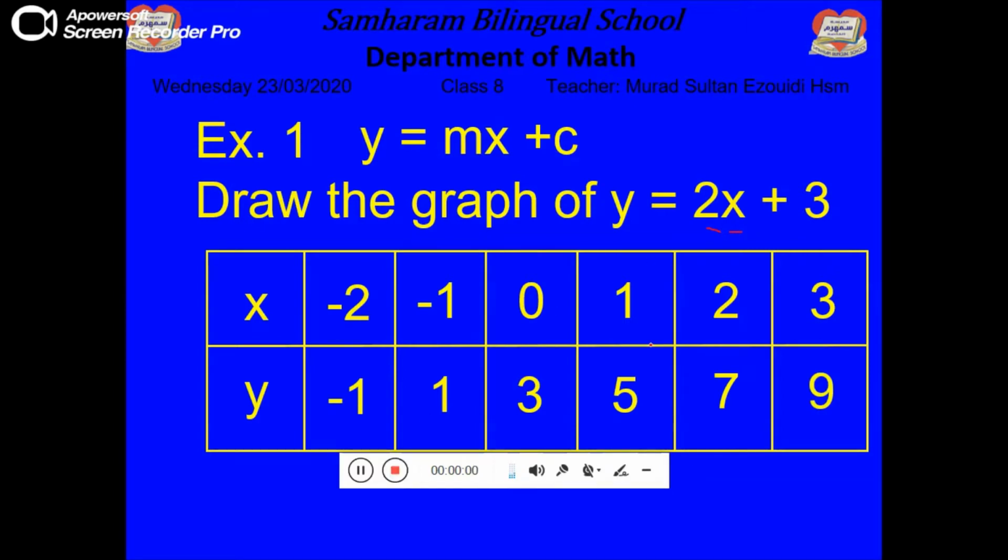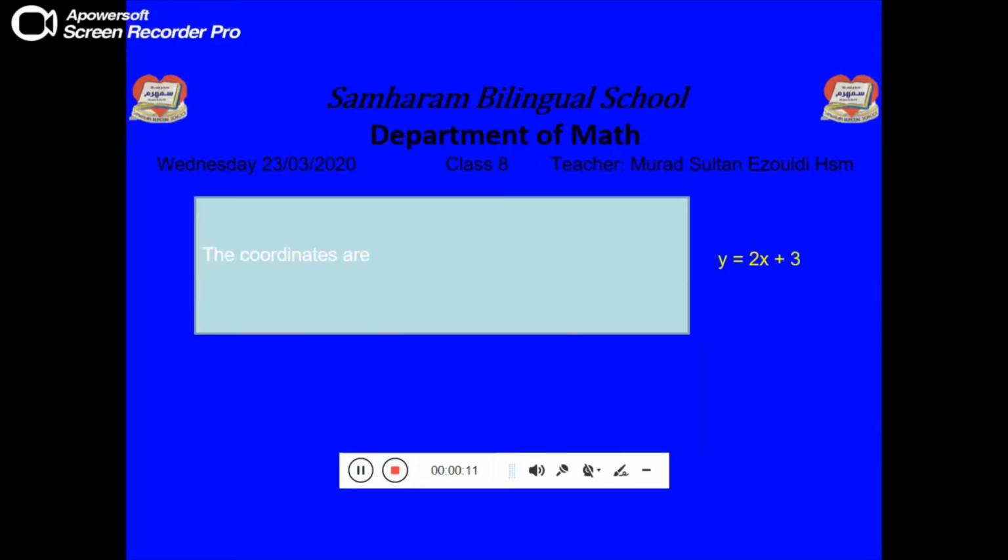Now, having constructed the table of values for x and y, we will write the coordinates of these points. For x equal -2, -2 multiplied by 2 plus 3 is -1, so the point is (-2, -1).